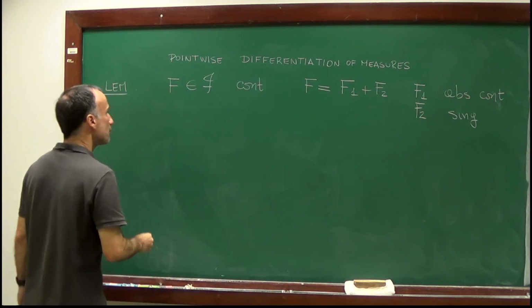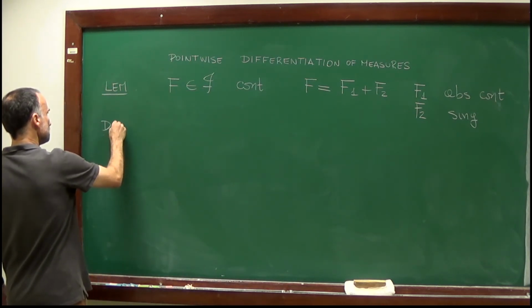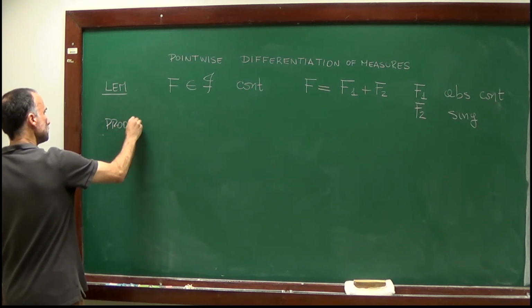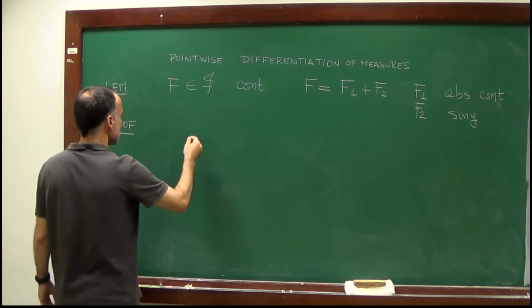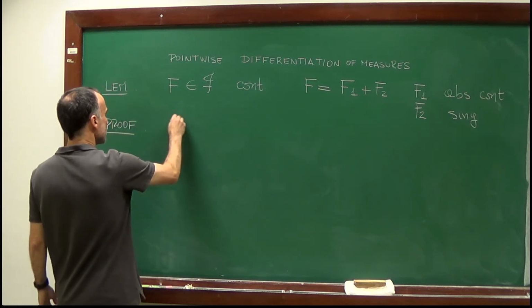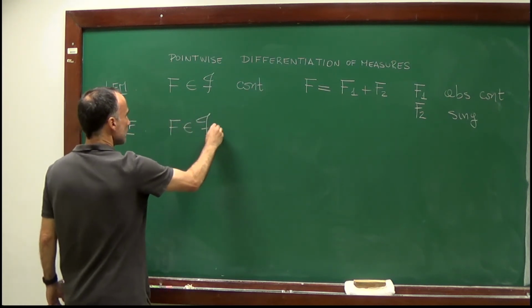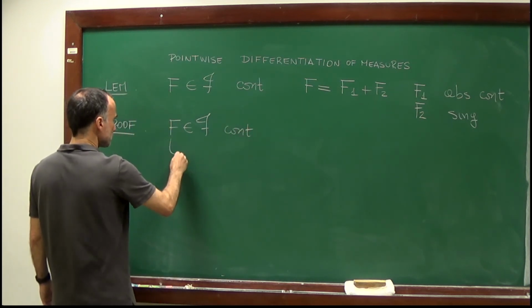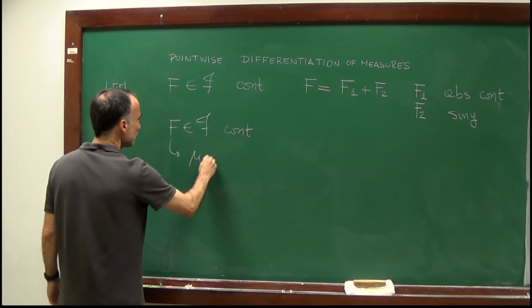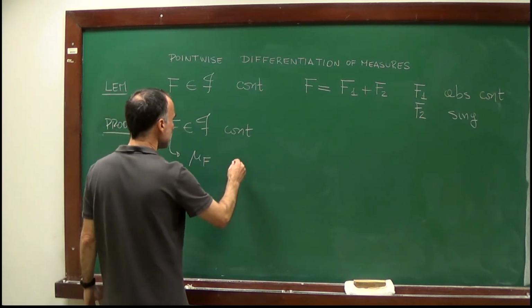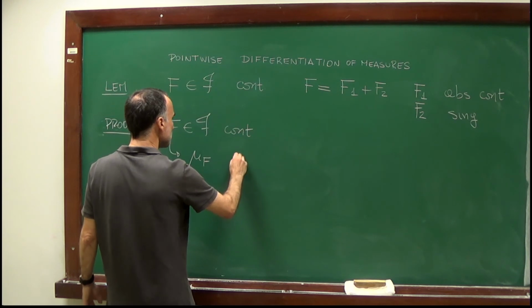Well, that's easy because we have all the elements to prove that. Take a function f in F which is continuous. Let mu f be the associated measure. We know that this measure has no atoms.